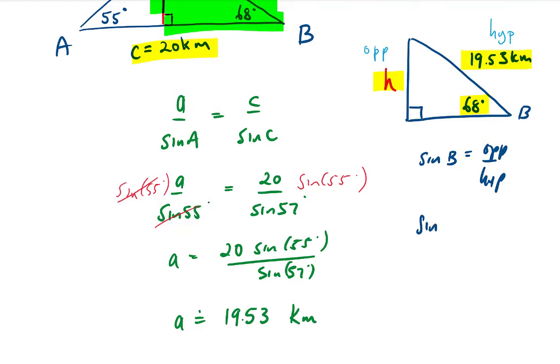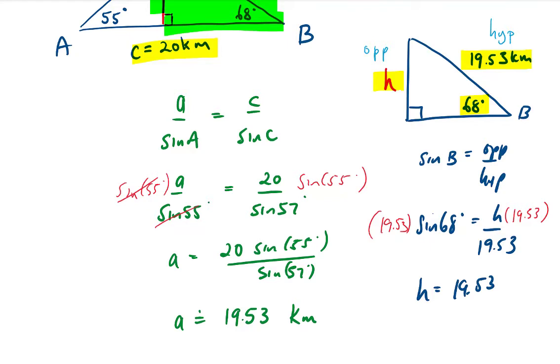Therefore, we have sine of 68, because that angle is given. Opposite is h. Hypotenuse is 19.53. Since h is being divided by 19.53, we need to multiply both sides by 19.53. Therefore, we end up with h is equal to 19.53 times the sine of 68, because these 19.53s cancel.